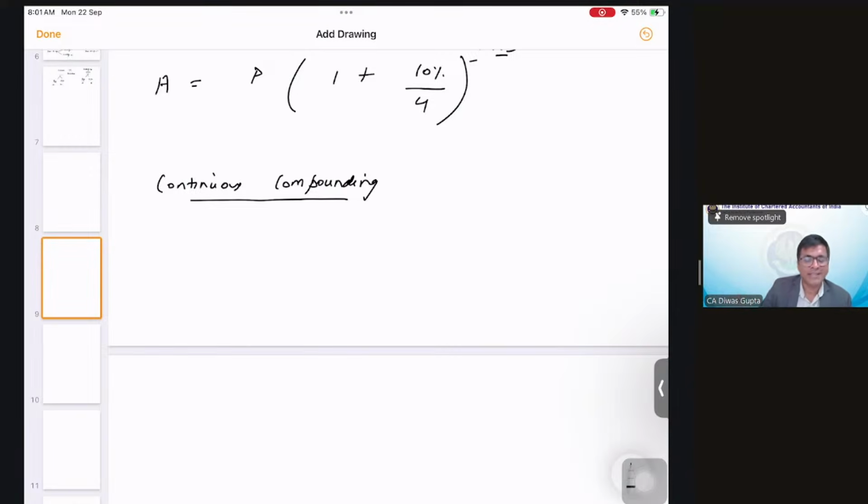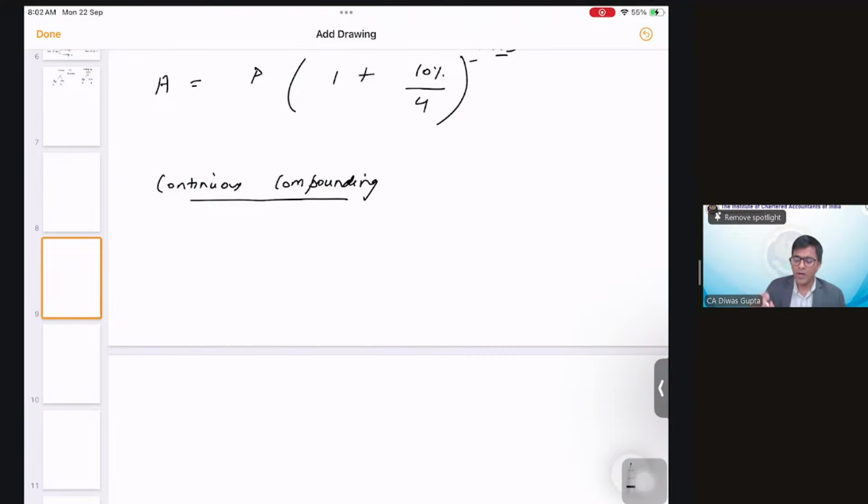That is called discrete compounding because you're compounding at some intervals. Then there is the concept of continuous compounding, where every second, every millisecond, the compounding is happening. I hope all of you understand the concept of simple and compound interest, right? I'm not going through that. Simple interest means that the interest is not added on interest, but compound interest means that the interest is also paid on the interest which is not yet paid. So this is all about compounding that we are discussing.